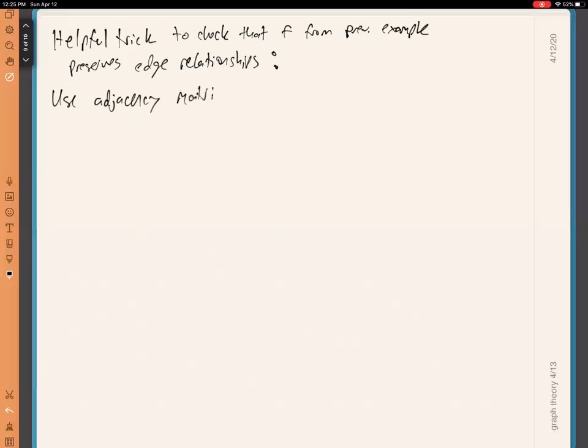Right, so what I'm first going to do is just quickly copy down the adjacency matrix for G1, which you can check. If you go back and maybe copy the graph from the last page, you can double check this as I write this.